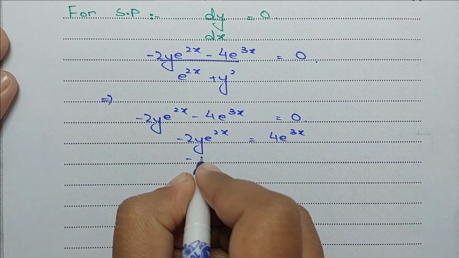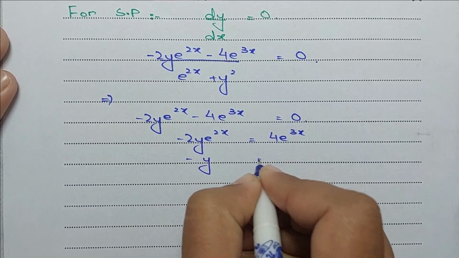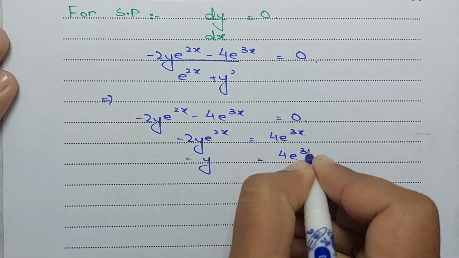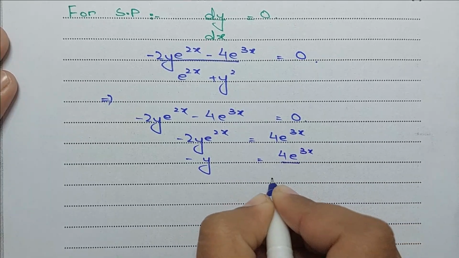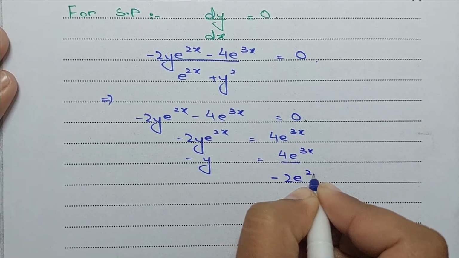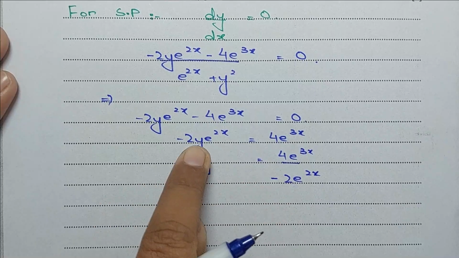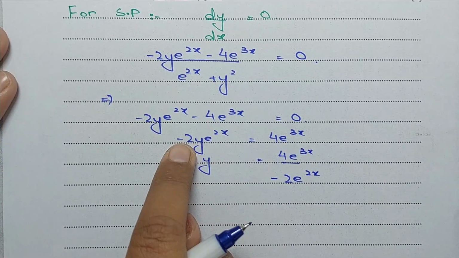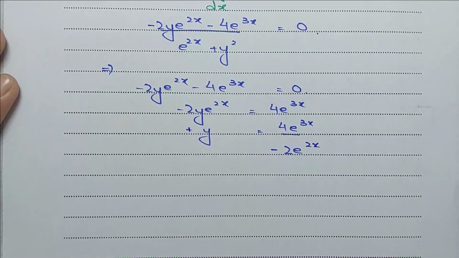Minus y would be equal to 4 e to the power 3x divided by minus 2 e to the power 2x. Now it's plus y, right? Just left y over here. Minus 2 e to the power 2x, divide on the other side.